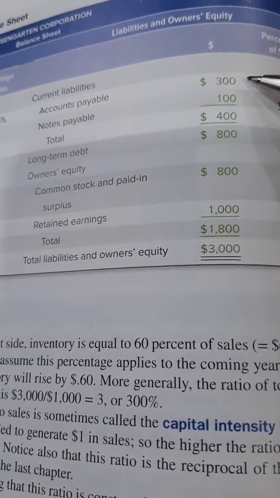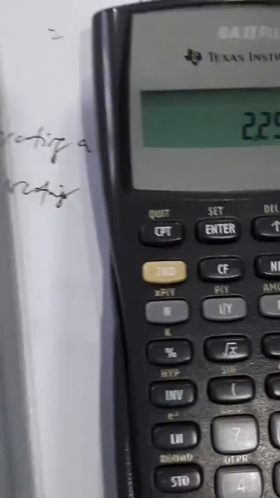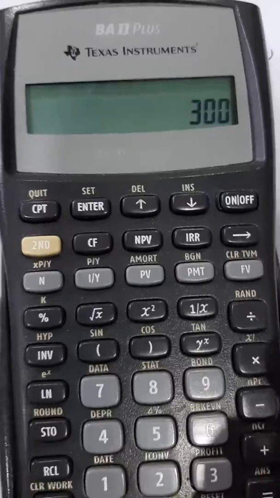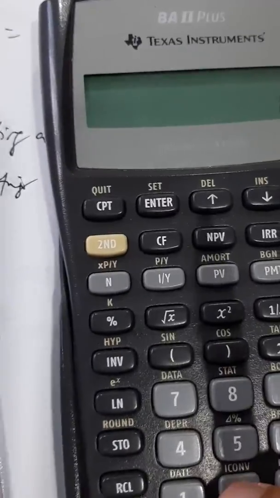After an increase of 25%, it increased to 375. 300 multiplied by 1.25 is equal to 375. So accounts payable also increased from 300 to 375.